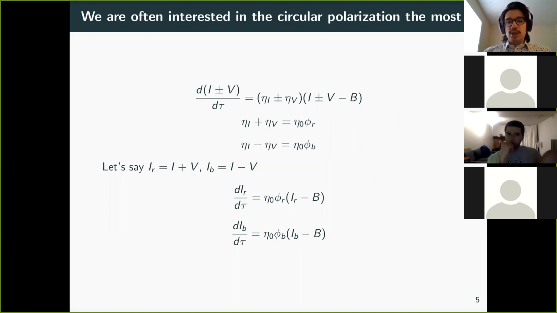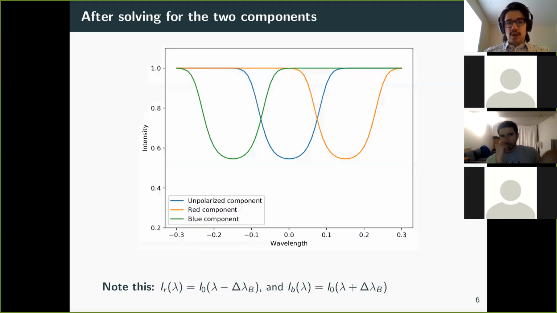When I solve these two radiative transfer equations, I'm going to get one spectral line that is shifted a little bit to the red, the other shifted a little bit to the blue because of the profiles, right? And the shift is going to depend on the magnitude of the magnetic field, on this delta lambda B that we are going to call Zeeman broadening, or Zeeman shift, if you prefer.